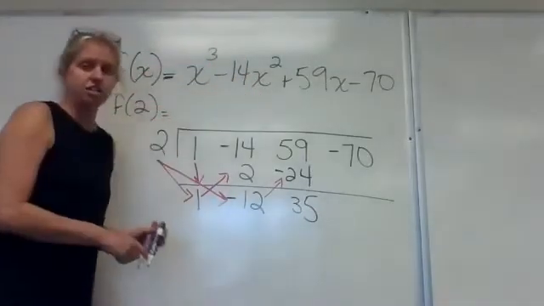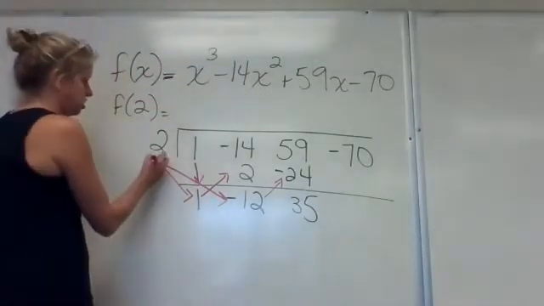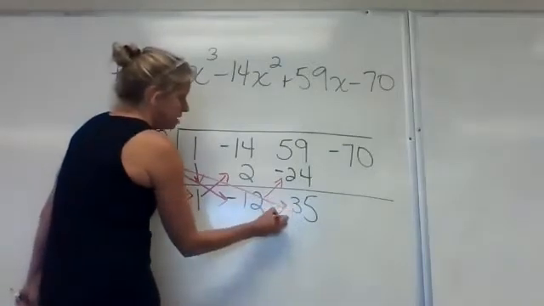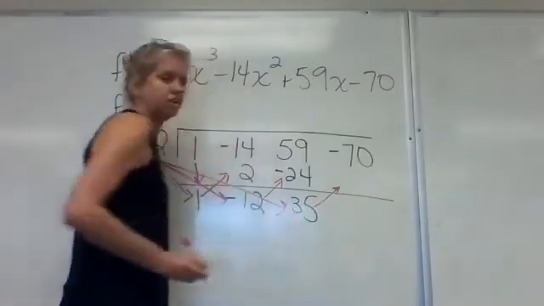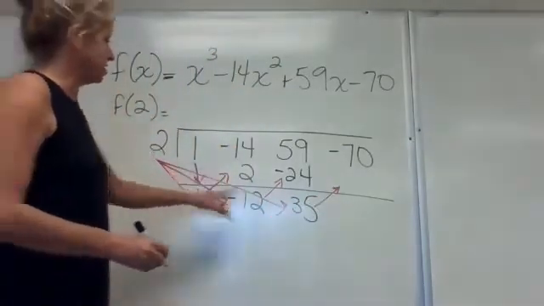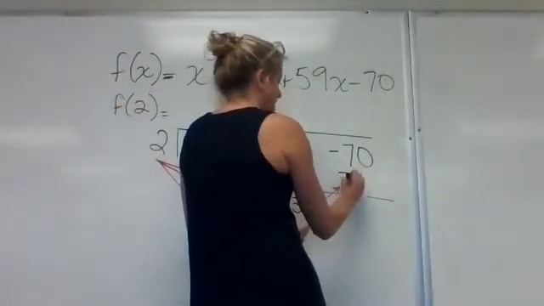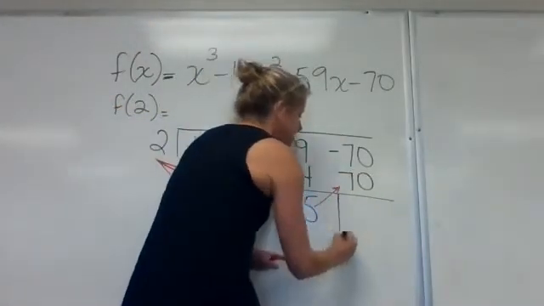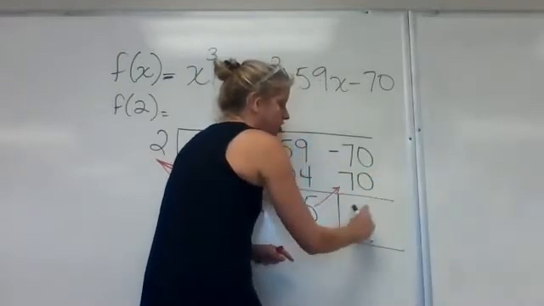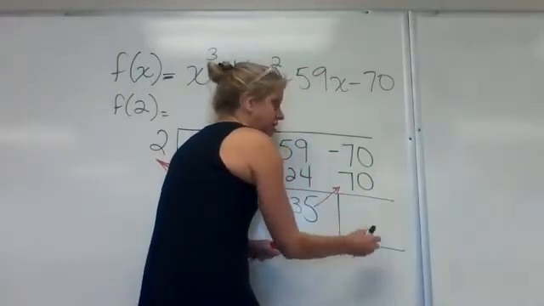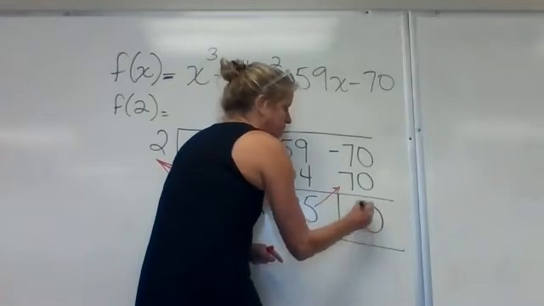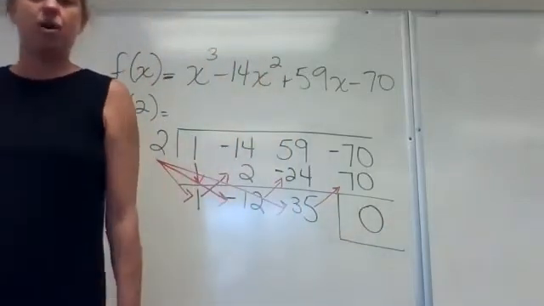And I keep going until there's just no more numbers to use. So this 2 multiplies by this positive 35, and your answer comes here. So positive 2 times 35 is positive 70. This answer, since there's no more numbers, is your solution. So negative 70, positive 70, if I combine that, I get 0.